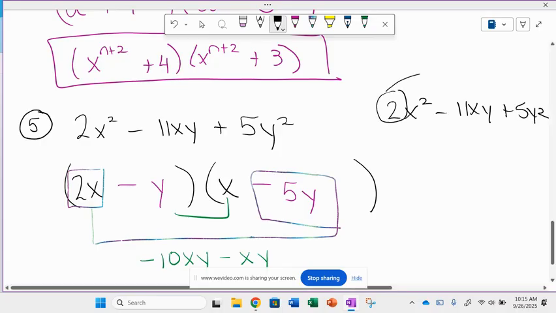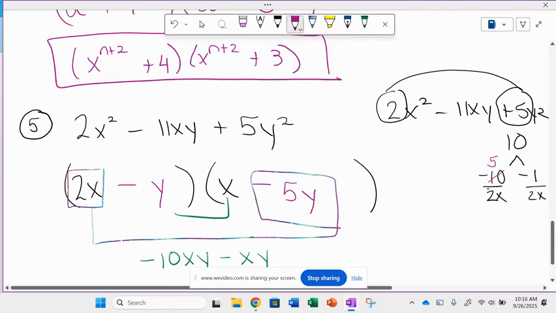So we would do what we normally do, 2 times 5, which is 10. And then you do factors of 10 that add to negative 11, which are negative 10 and a negative 1. And then we're going to divide by 2x and then simplify.